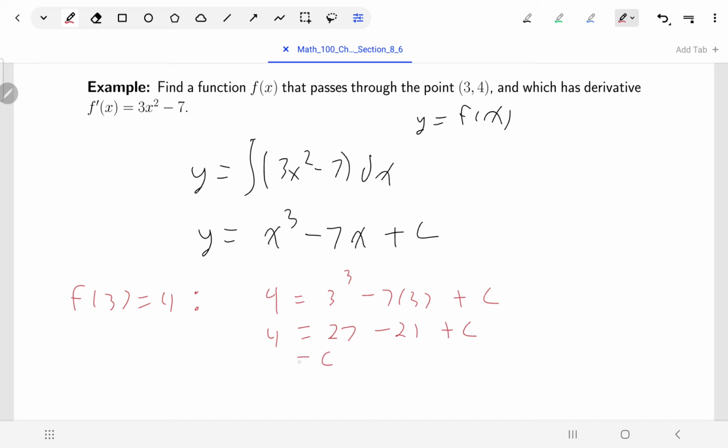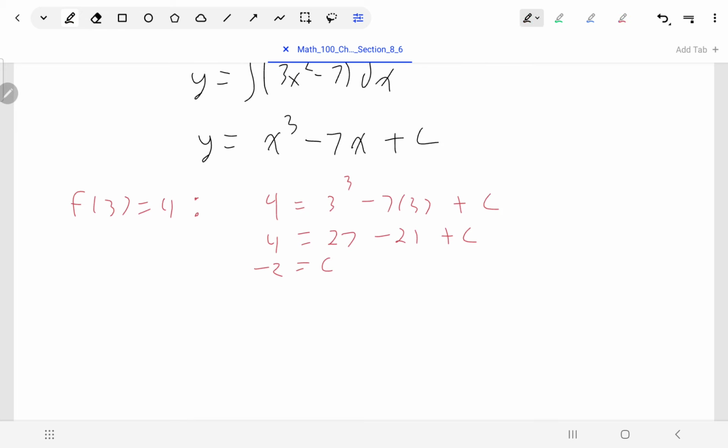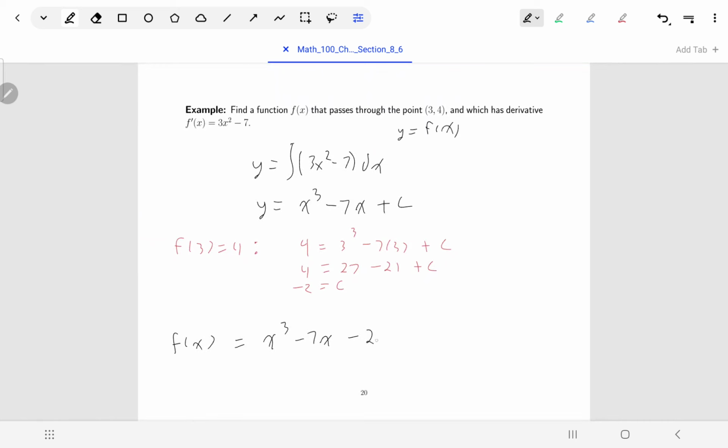And we come up with a value of c as -2. So now I can write out my particular solution. My function f of x, the one that I was looking for, is x cubed minus 7x minus 2. That's a function whose derivative is 3x squared minus 7, and you can check that out very easily. Yep, it is. And you can also confirm that it passes through the point 3, 4.